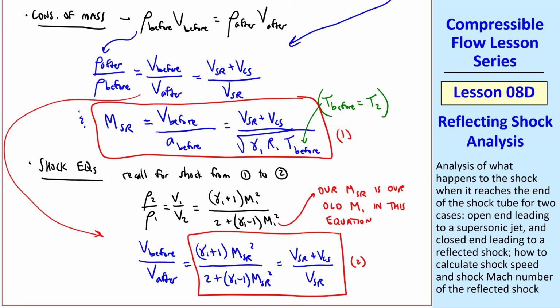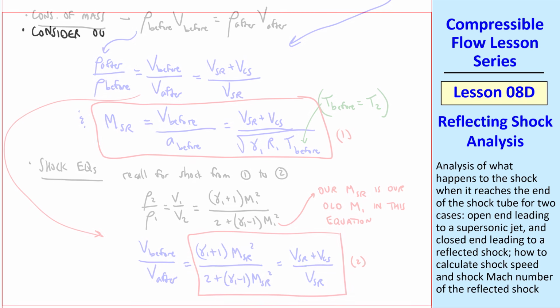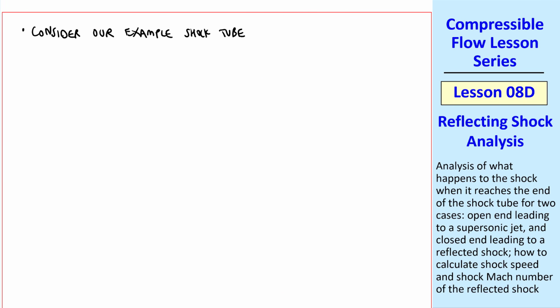We know everything here except MSR and VSR. So with two equations and two unknowns, we should be able to solve for VSR and MSR. Let's consider our example shock tube problem from the previous lesson.